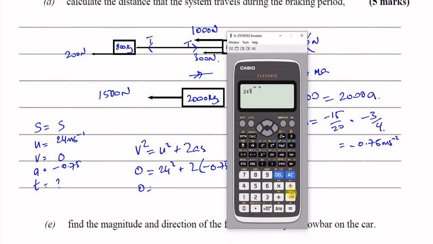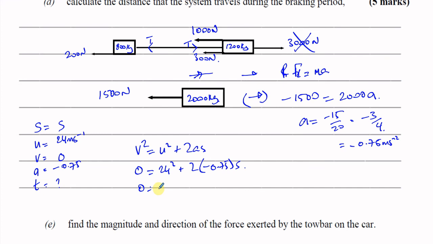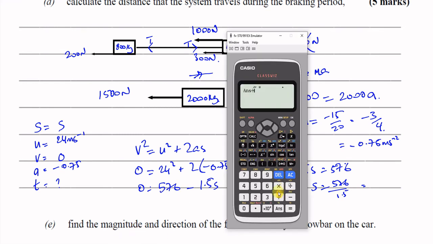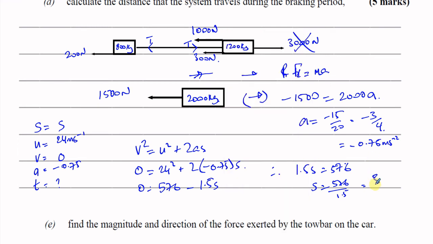So you have 576 minus 1.5s, therefore 1.5s is equal to 576. So s is 576 divided by 1.5, which gives us 384 meters. So the distance it travels is 384 meters before it comes to rest.